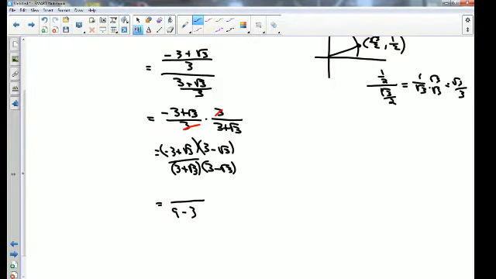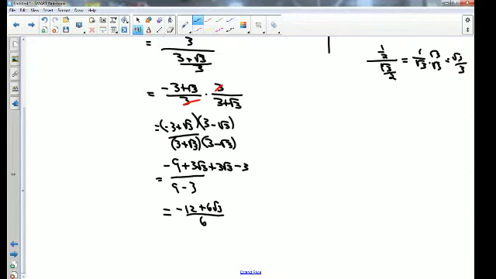And then the top we have -9 plus 3 root 3 minus 3. -12 plus 6 root 3 over 6. And we can simplify that to -2 plus root 3.